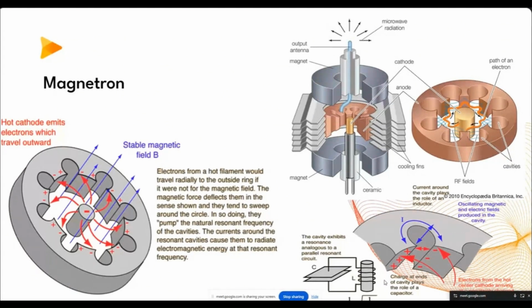Because of the changing magnetic field, you induce a current in the second oscillator, and that inductor can now generate an RF wave because of the oscillating electromagnetic field. But in this simple arrangement, there will be a huge energy loss, and you will not be able to sustain it for long. That is why clever physicists developed the magnetron.